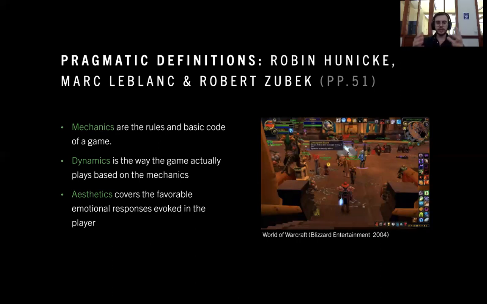And there are many kinds of emotional responses. They name 8. I won't name them all, but from anger to companionship to challenge to affection, all kinds of forms of emotional responses are created by aesthetics.